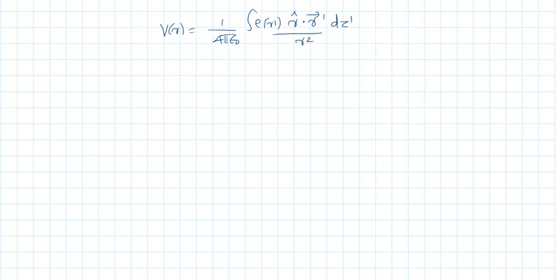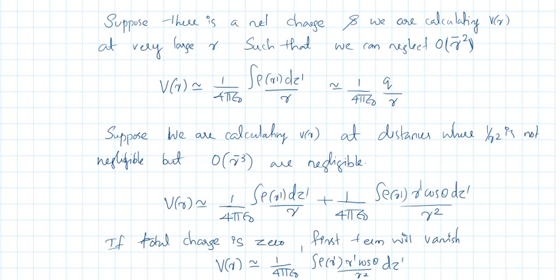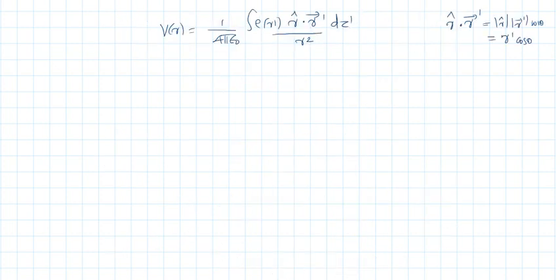Because r cap dot vector r prime is magnitude of r cap, magnitude of r prime into cos of angle between them. Angle is theta. Magnitude of r cap is 1. Magnitude of vector r prime is r prime. So r prime cos theta I can substitute as r cap dot r prime. Therefore, V of r is, but r cap is a constant, it can be taken outside the integral.